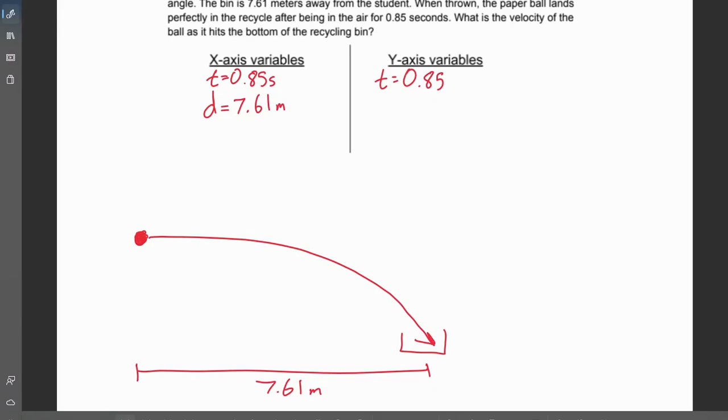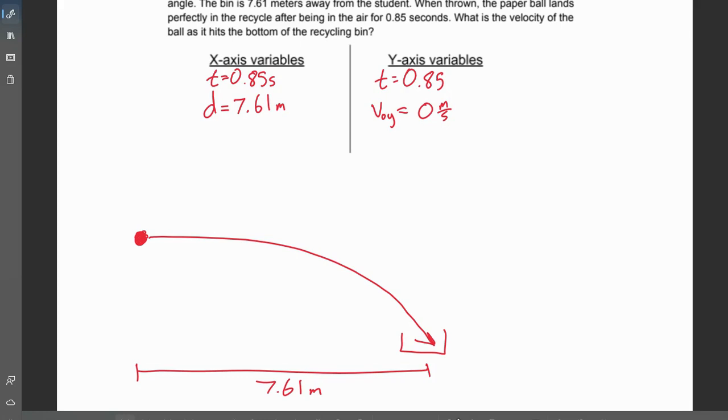There's a couple other variables we know simply based on the fact that it's a horizontal angle and we're on the planet that we're on. So at a horizontal angle, we know that the initial velocity in the y-axis is going to be equal to 0 meters per second, because just at the beginning, the velocity is completely horizontal. There is no up and down component.